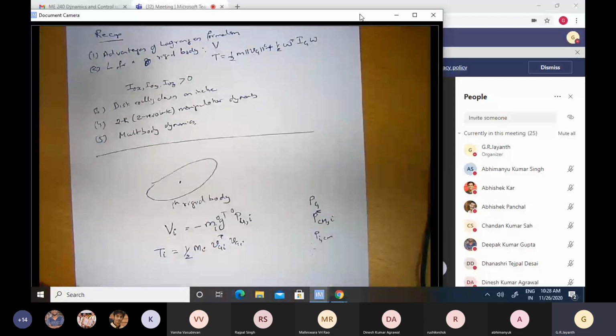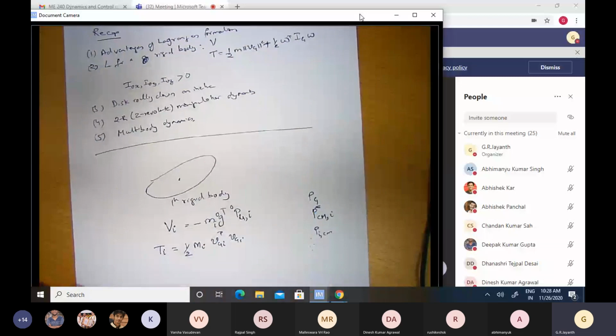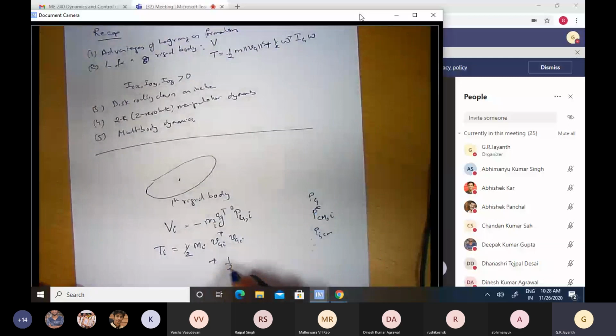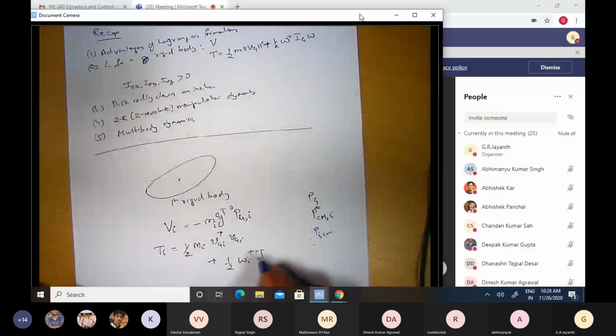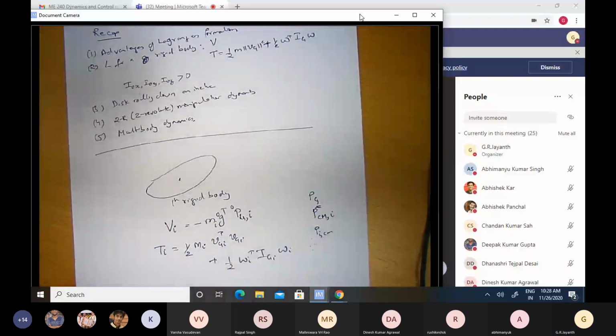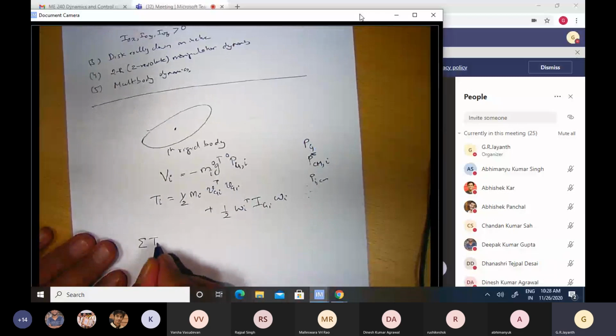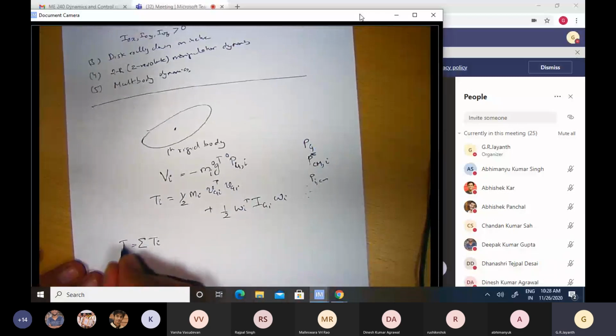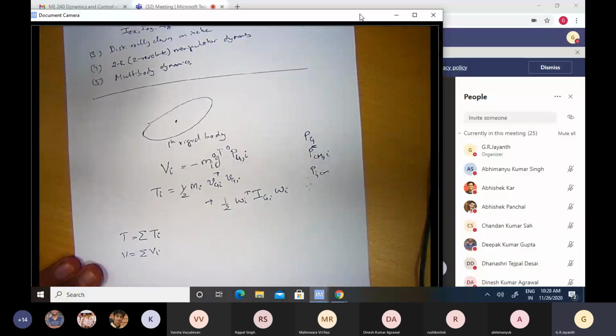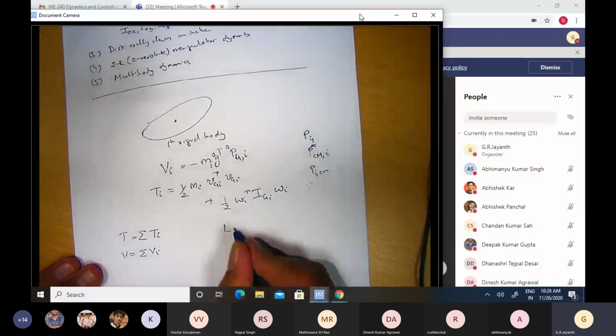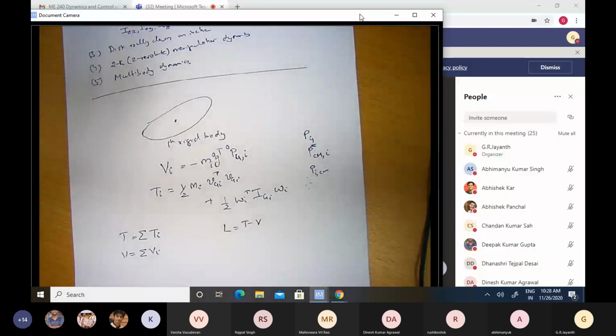That is the net kinetic energy associated with translational motion, plus half omega_i transpose I_gi omega_i. So the total kinetic energy is the sum of each of these things, and the total potential energy is the sum of each of the potential energy expressions. With that, we can define the Lagrangian to be T minus V.